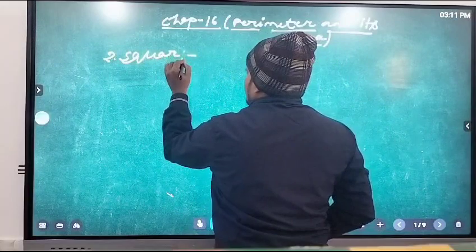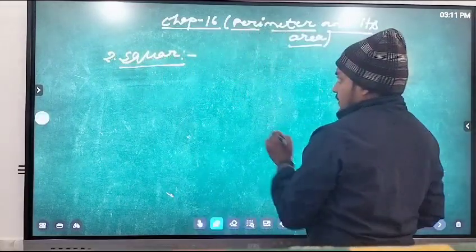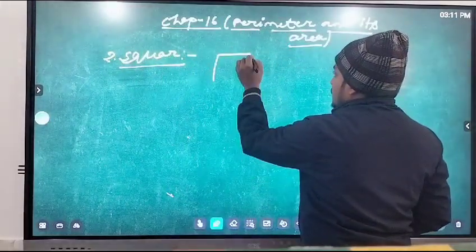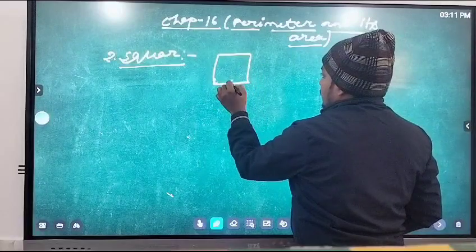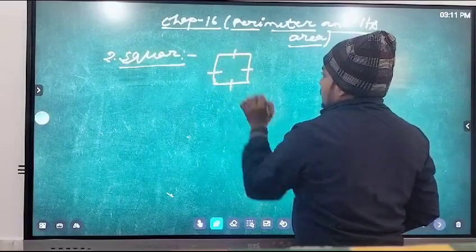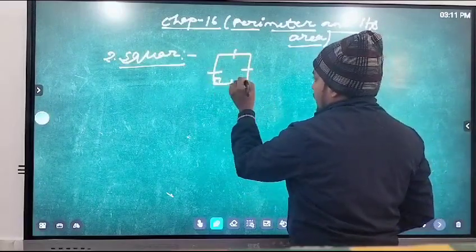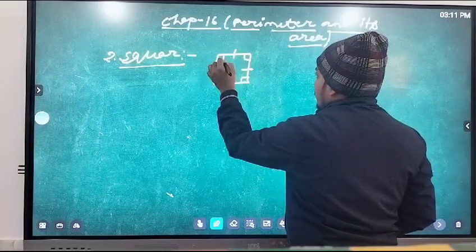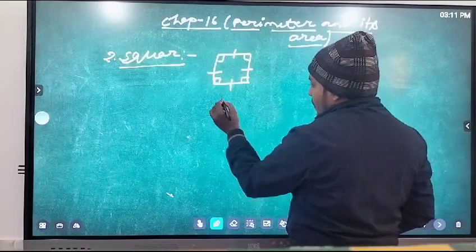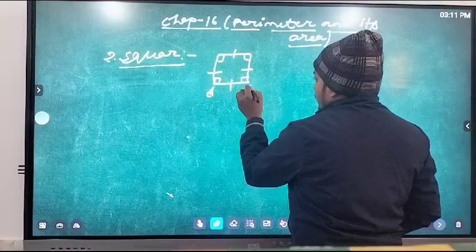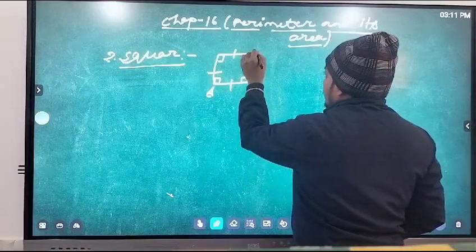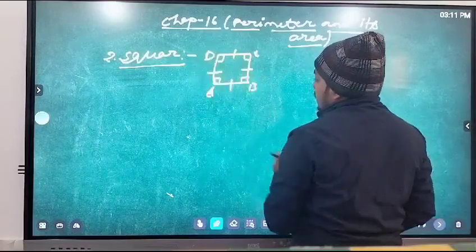A square is a type of quadrilateral in which all four sides are equal, and each of the four interior angles is 90 degrees, and it has four vertices, which are mentioned here.